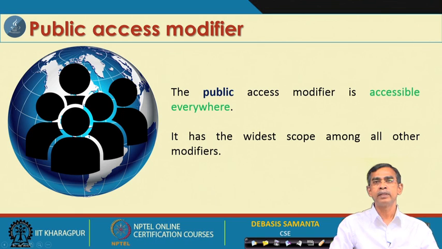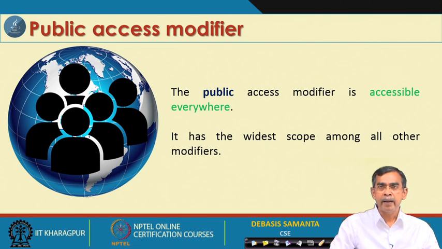Now, let us come to discuss another modifier. It is called the public access modifier. So far as strictness is concerned, the public specifier is basically a very weak access specification.